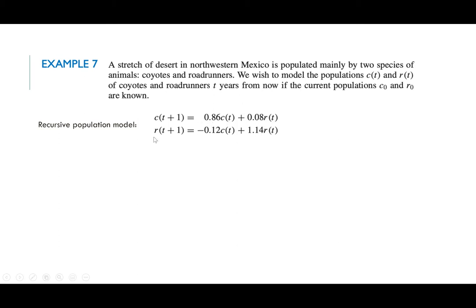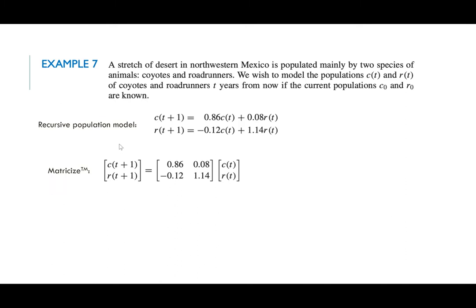And similarly, if we know the number of coyotes and roadrunners at a certain time, then we can say with certainty what the number of roadrunners will be a year from that time with this equation. I encourage you to think a little bit about what these coefficients might mean physically. But let's just take this as a given. This is our population model.